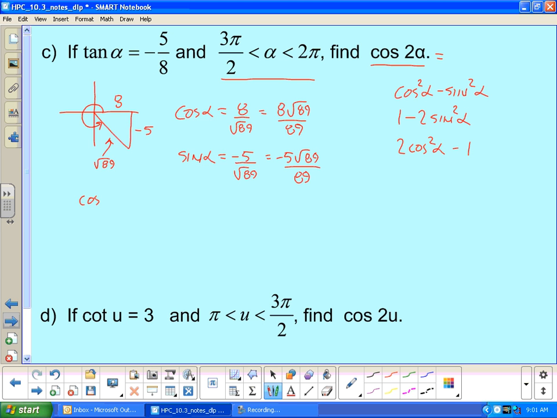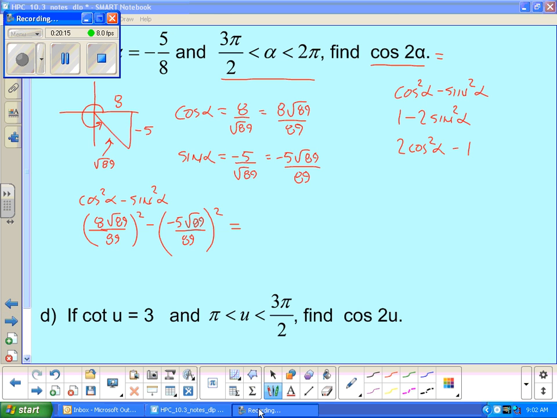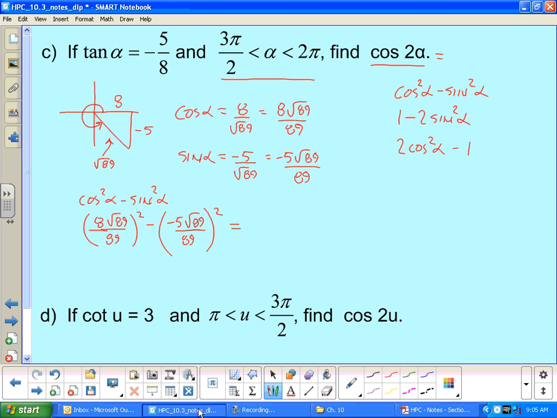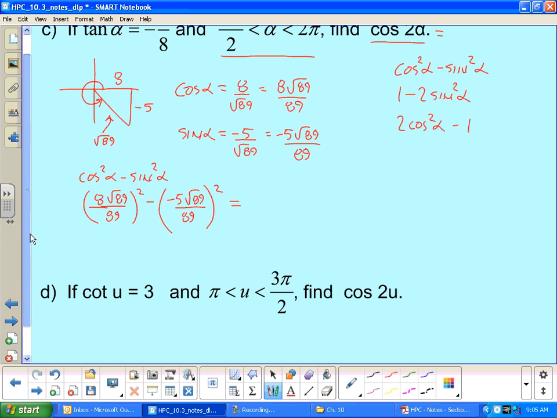So we're going to get cosine squared alpha minus sine squared alpha, giving us an 8 root 89 over 89 squared minus a -5 root 89 over 89 squared. This, it's going to reduce.